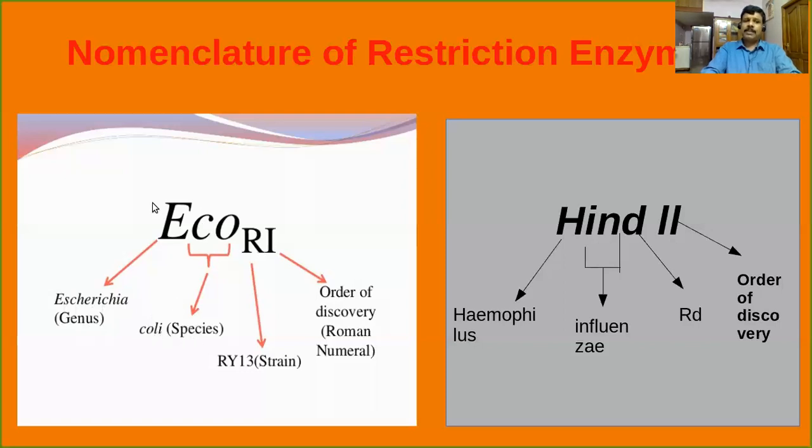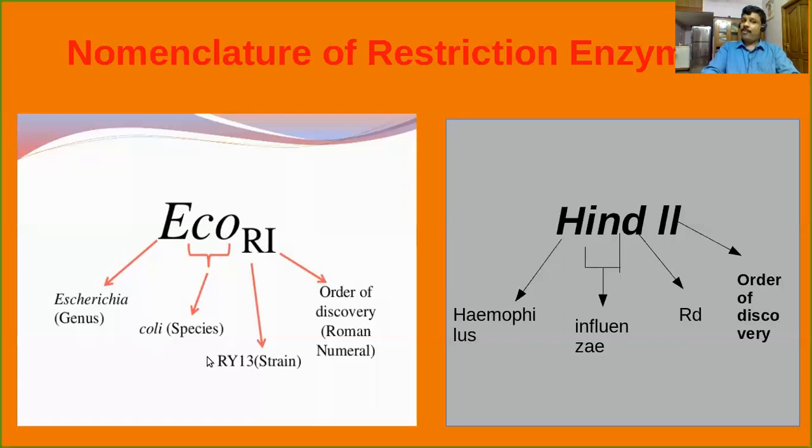The second and third letters of the restriction enzyme came from the first and the second letter of the species name, co. The third letter R comes from the name of the strain.